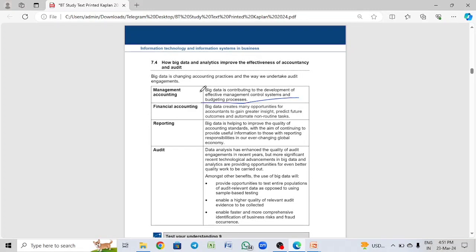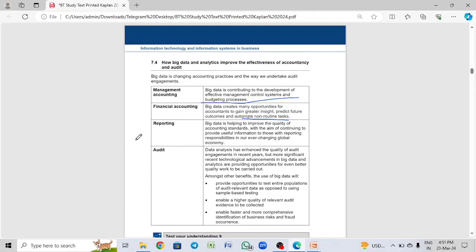For financial accounting, big data creates many opportunities for accountants to gain greater insights, predict futures and outcomes, and automate non-routine tasks. For reporting, big data is helping to improve the quality of accounting standards, with the aim of continuing to provide useful information to those with reporting responsibilities in our ever-changing global economy, right?